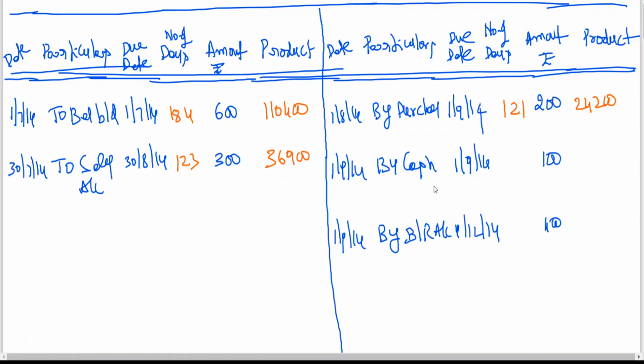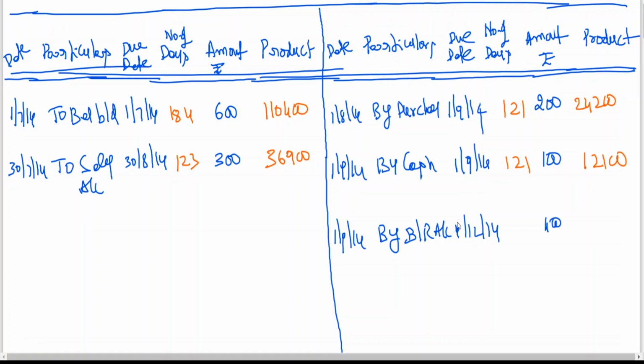Then 1st September 14. How many days? September you have calculated already. Same number of days, 121 days, same due date. Into 100 is 12,100.